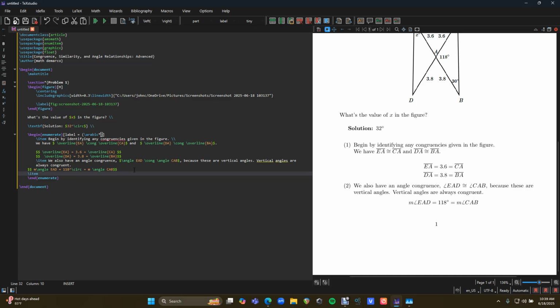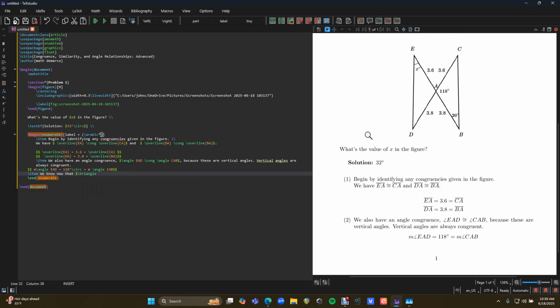We now have side angle side congruence. We now know, oh good, the leaf blower's here. We now know that triangle EAD is congruent to triangle CAB by the side angle side congruence.